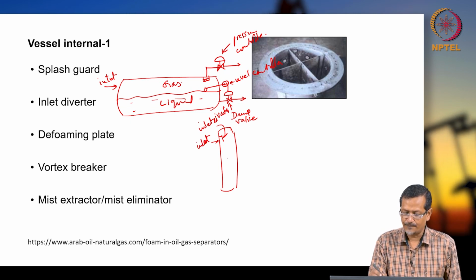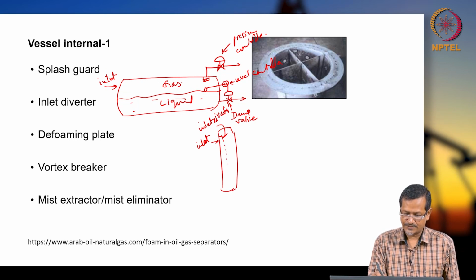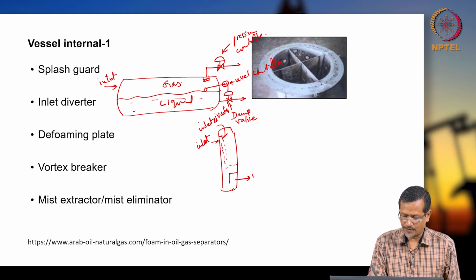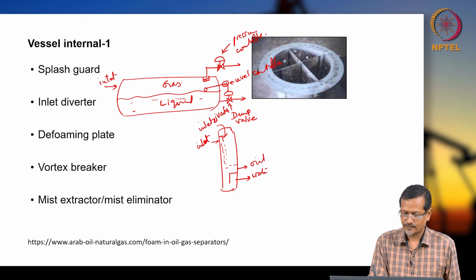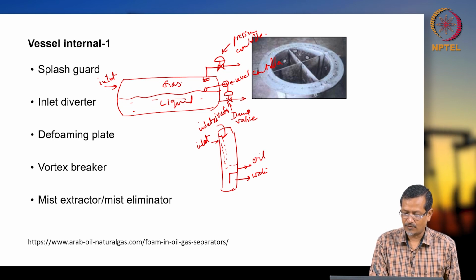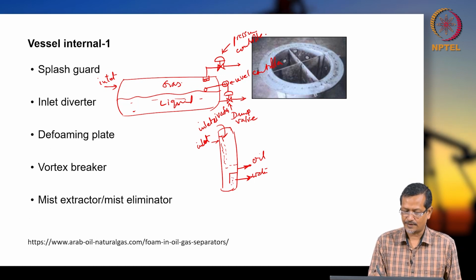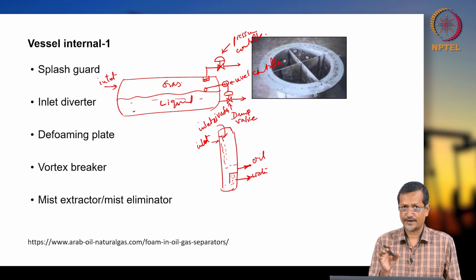When the inlet flow is coming, it will create a lot of turbulence, and it is creating, let us say, this space, and you have water out. Let us say you are taking oil out like this, water out like this, and you want a calmer zone for the water outlet, so that any oil particles there can be separated, or you are creating less turbulence.